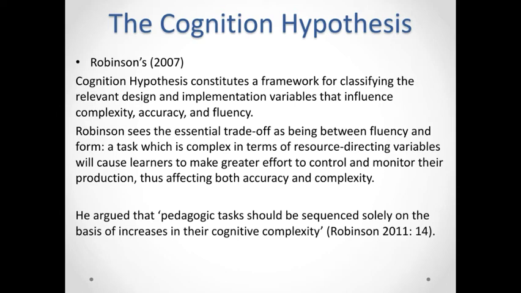A task which is complex in terms of a resource-directing variable will cause learners to make greater effort to control and monitor their production, thus affecting both accuracy and complexity. He argued that pedagogic tasks should be sequenced solely on the basis of increases in their cognitive complexity.